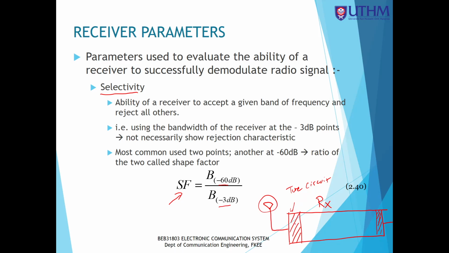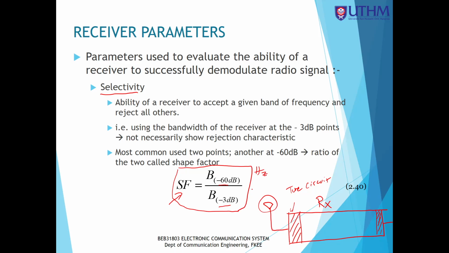If your tune circuit has a good filtering process, it will select only the desired frequency and completely remove the unwanted frequency. For example, the shape factor SF has no unit because we divide hertz by hertz.